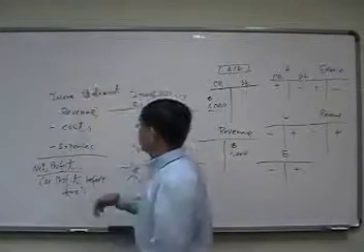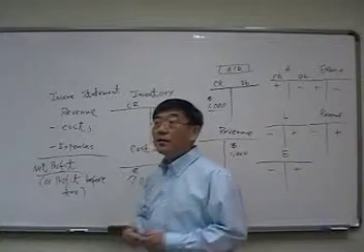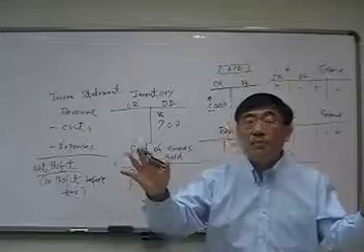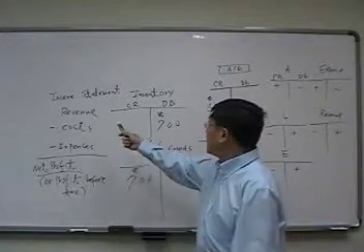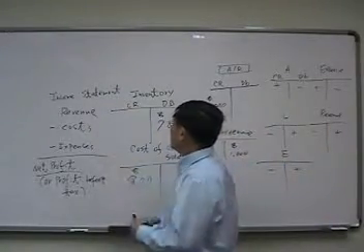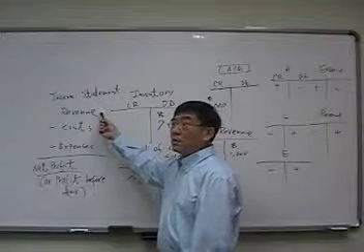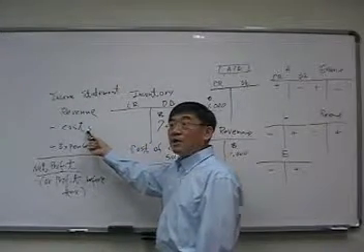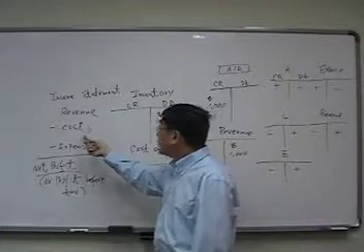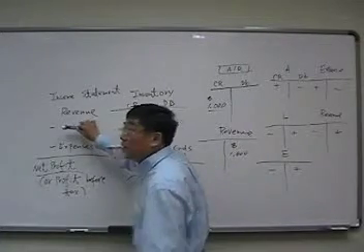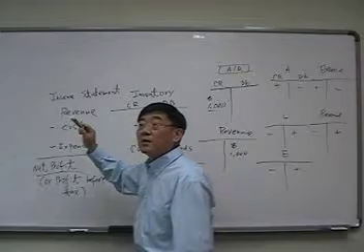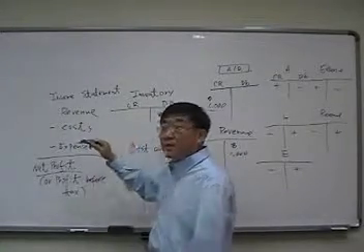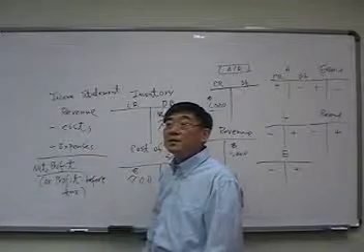This is simplified. Doesn't matter how complicated, doesn't matter how large the business is. Usually when you see the income statement, it is revenue, then deduct cost first. Some people say this number is gross profit. If you heard about gross profit, that means it is before expenses.